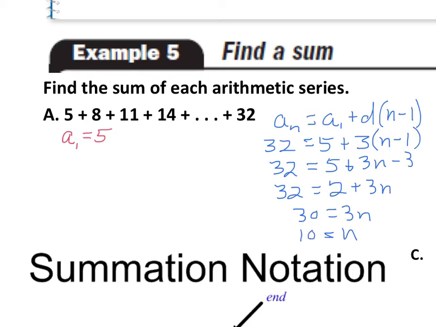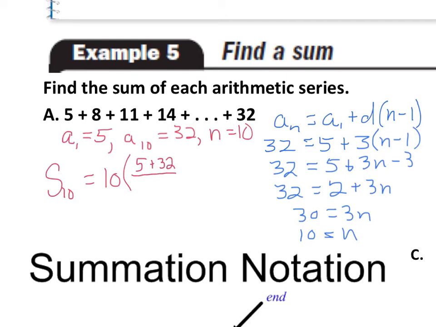So the next thing I'm going to write here is a sub 10 is 32. And the last thing I like to write is, because this is the 10th term, I am going to be finding the sum of the first 10 terms. So I'll just put on there that n is equal to 10. Now, the sum of the first 10 terms is equal to 10 times 5 plus 32, divided by 2.